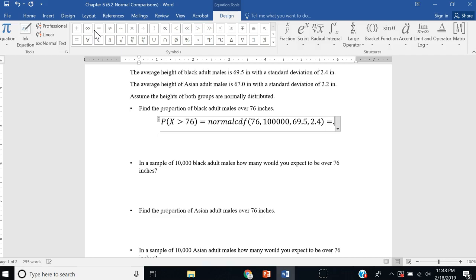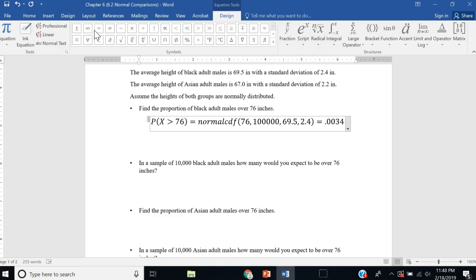And what you see is that for black adult males, the proportion is extremely low for being above 76 inches tall. Now, by the way, 76 inches, I chose that number because that's about 6'4".